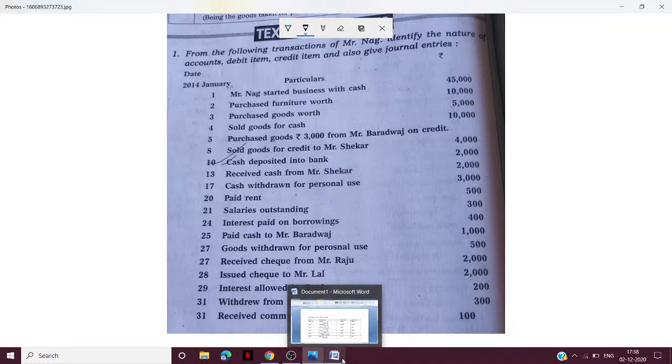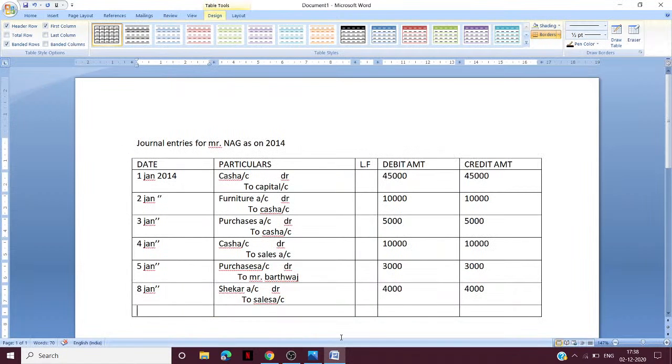See, cash is deposited, cash is going out. What is coming in bank? We are depositing in bank. So the transaction will be on 10th Jan.